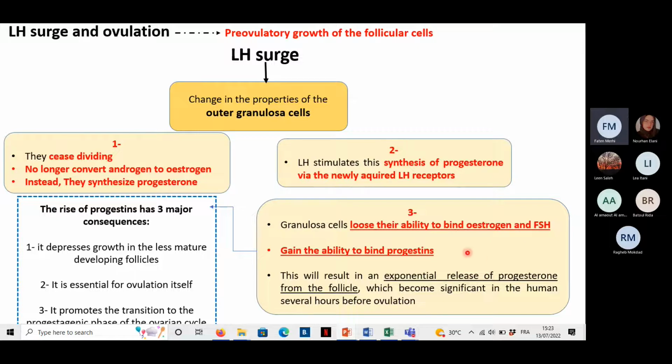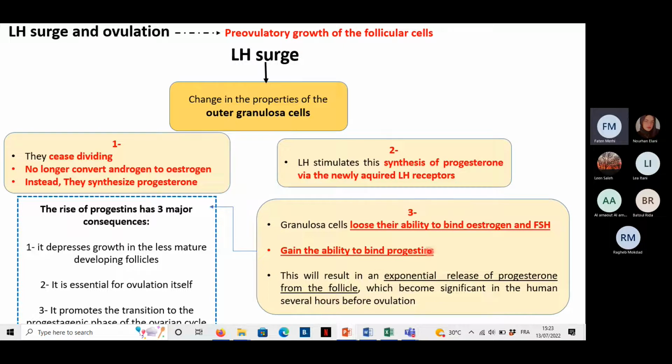And the progesterone acts in a paracrine and an autocrine way on the granulosa cells. So once it is released by those granulosa cells, it can act on them again and exert a positive feedback on their production. So this will result in an exponential release of progesterone from the follicle.